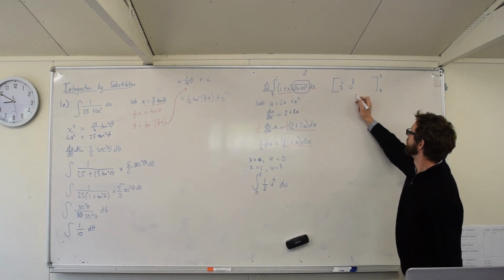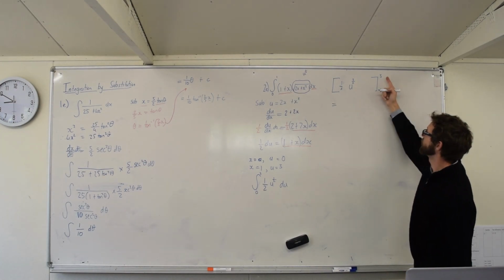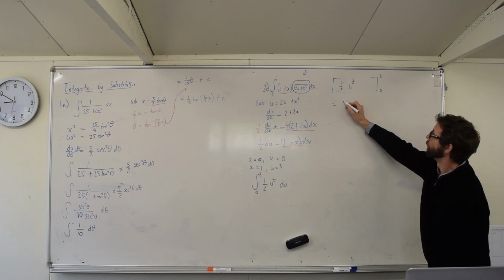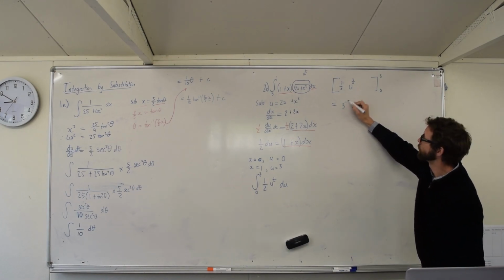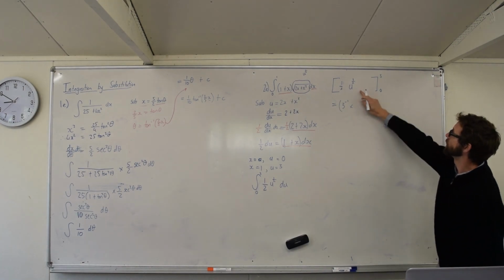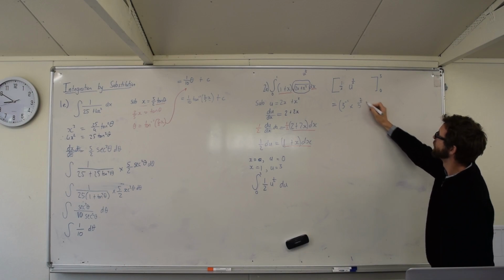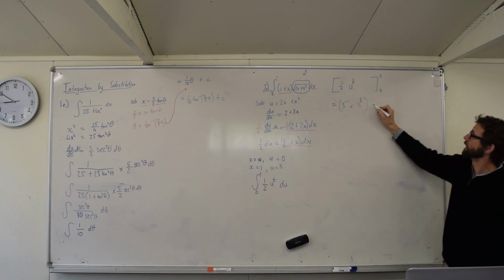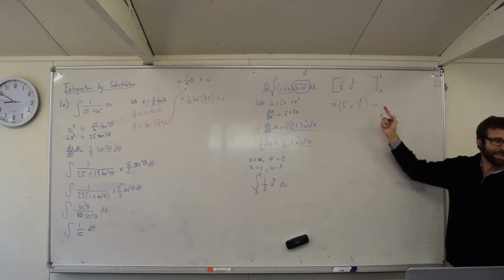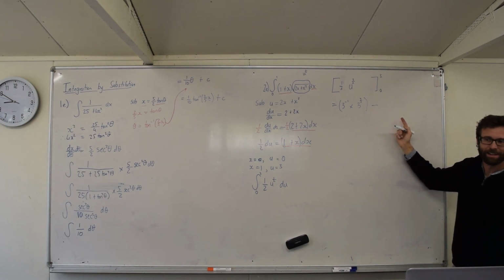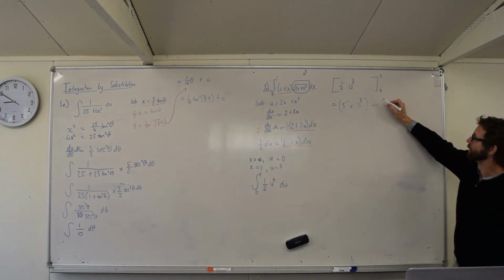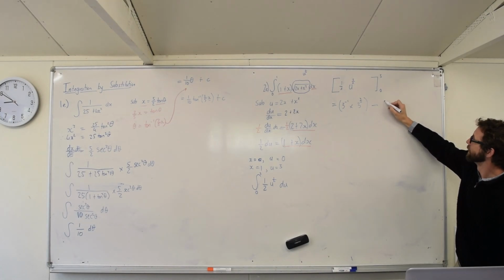So this is our final step, is to chuck these values in. 1/3, or another way of saying 1/3 is 3 to the minus 1, times, what's this? 3 to the power of 3/2, that's the first bracket, minus, and the second bracket is going to be 0, 1/3 times 0.